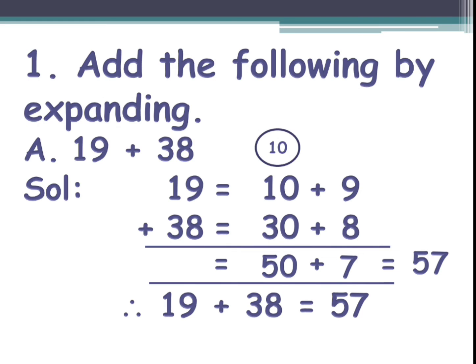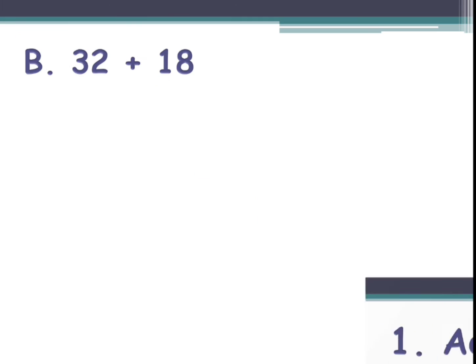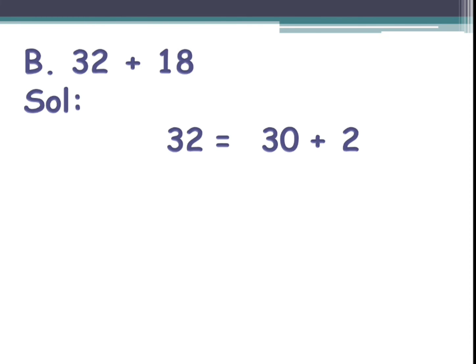Okay, children, let's see the next one. 32 plus 18. As we have to expand and add, first we will expand. 32 becomes 30 plus 2, and 18 becomes 10 plus 8. Now we are done with the first step, that is expanding.